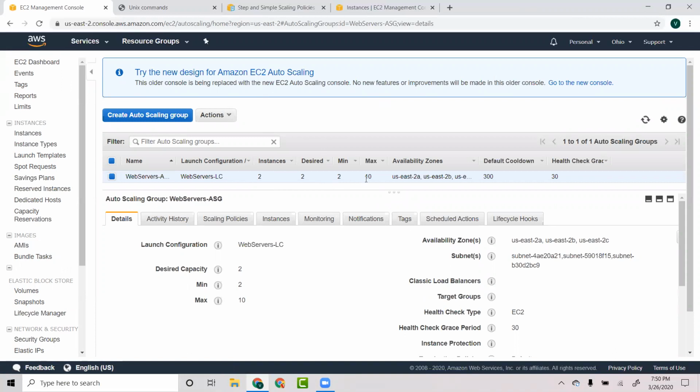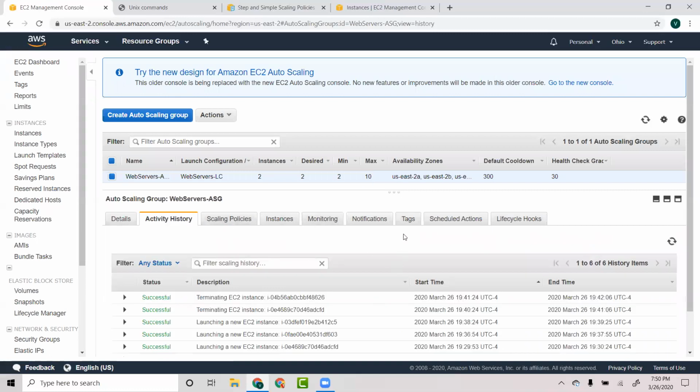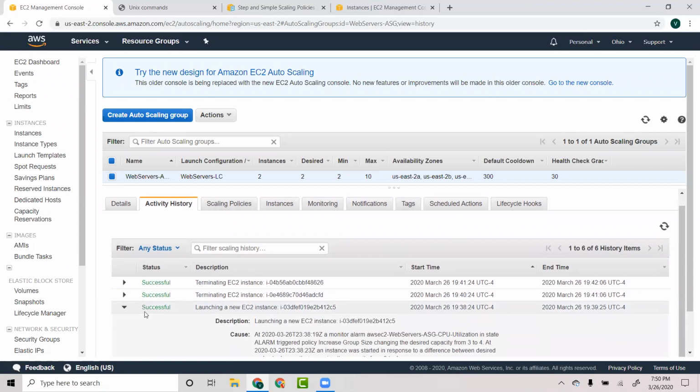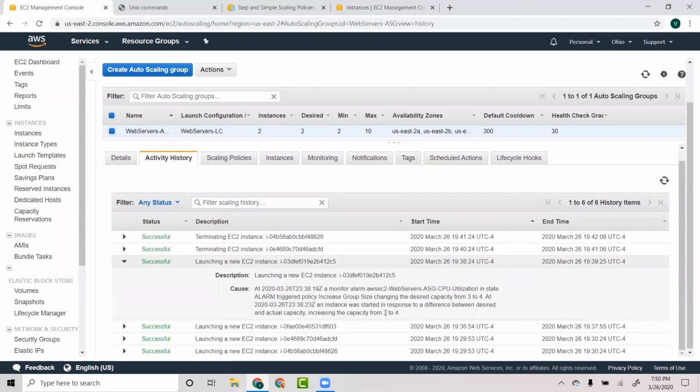And the maximum 10, when you say maximum 10, did you guys understand, when I say maximum 10 here, at some point intermittently, the number of EC2 instances went from 3 to 4 also. So our desired is 2, but it ended up scaling up to 4 in the process.